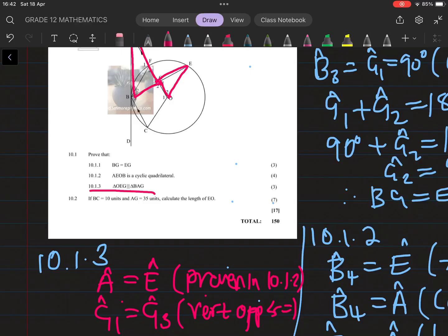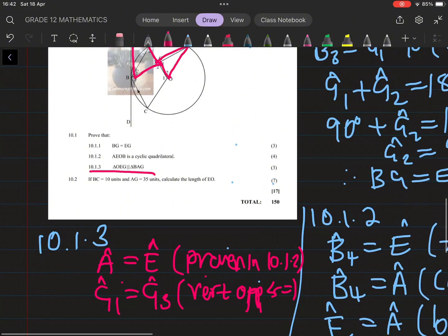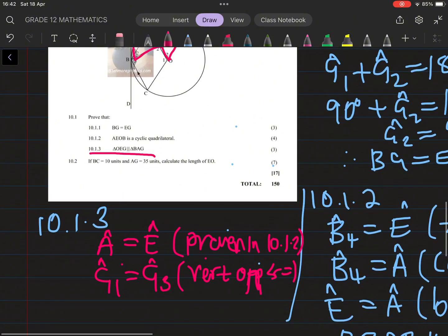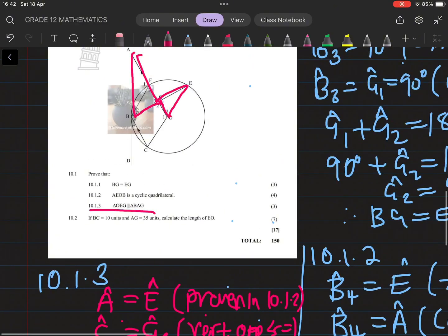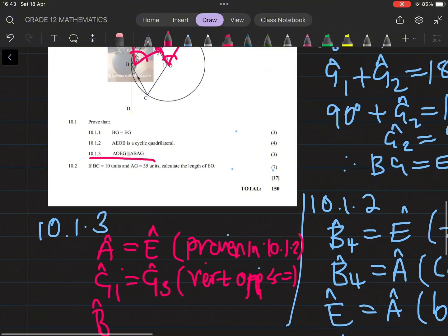And then we have angle B in the other triangle, which is going to be ABE, and angle O2. Those two are equal, we can call them B1, B2. Angle B1 plus B2 is equal to angle O2.